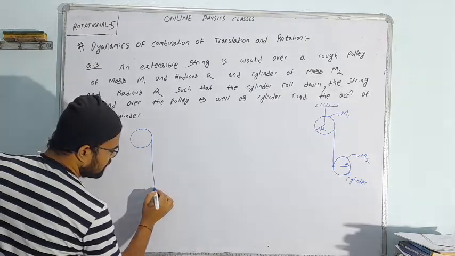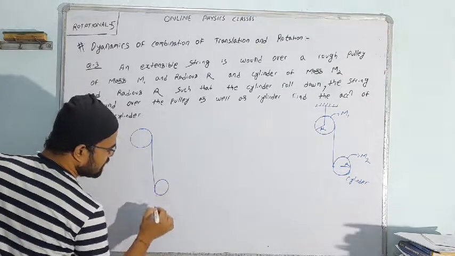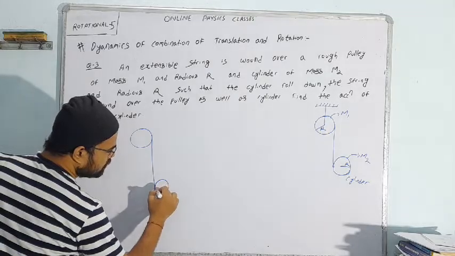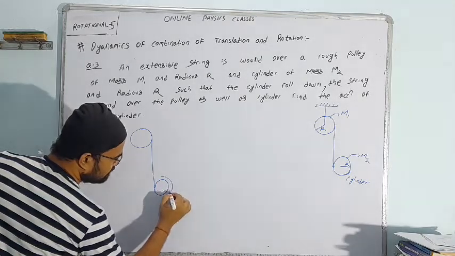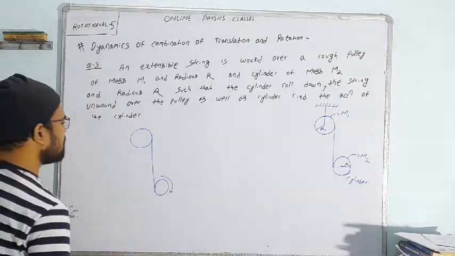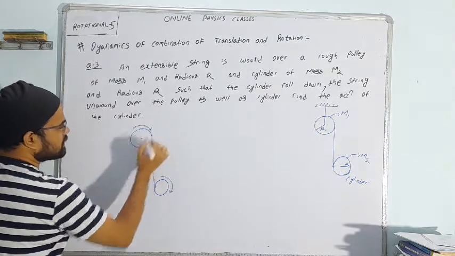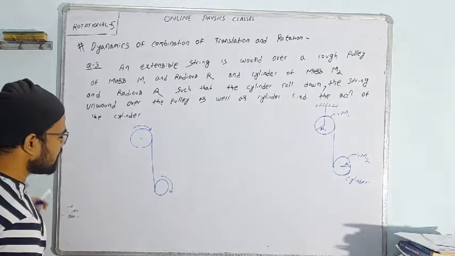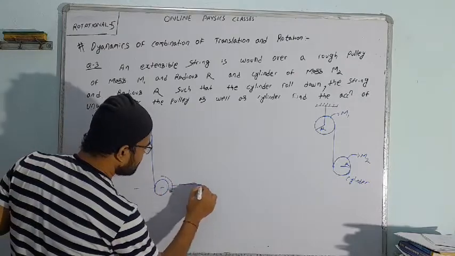Here another cylinder is present, this cylinder goes downward in this way, and the pulley will rotate in this way, right? I will draw the visualization.